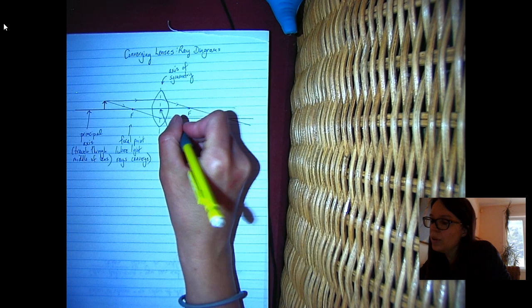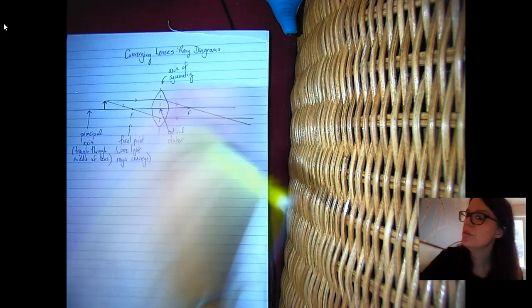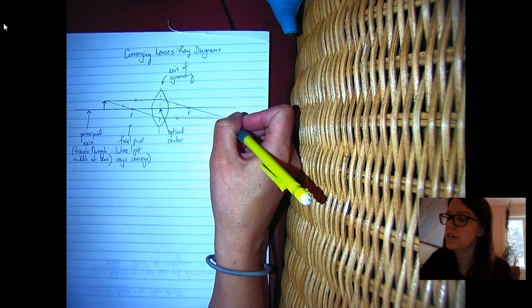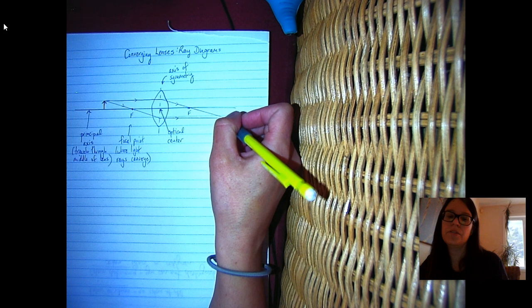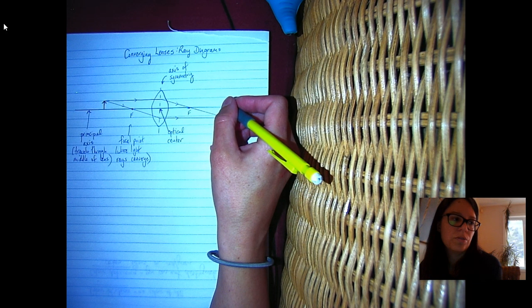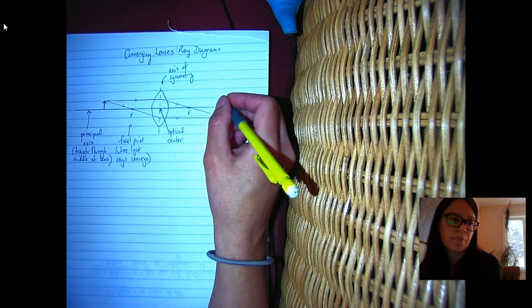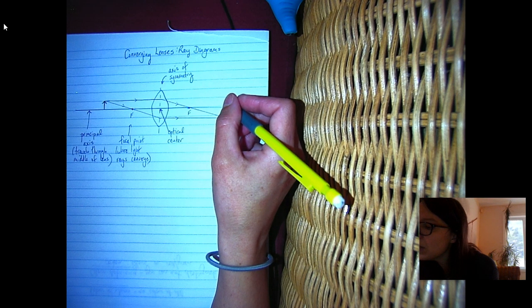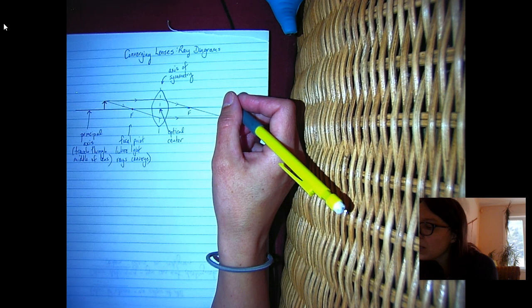Okay. So that should have been parallel to that. Looks like I'm off just slightly. So you can see those two lines have crossed at a certain point. That is enough to find the image. So then when I go to draw this, I'm not happy with that.